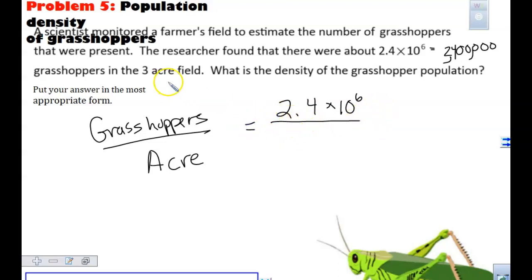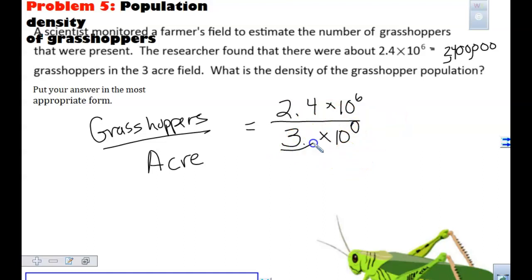So if we're looking at 3 acres, how do we write 3 acres in scientific notation? 3 times 10 to what power? I want it times 1, right? What's 10 to what power is 1? 10 to the 0, right? That would give me times 1.